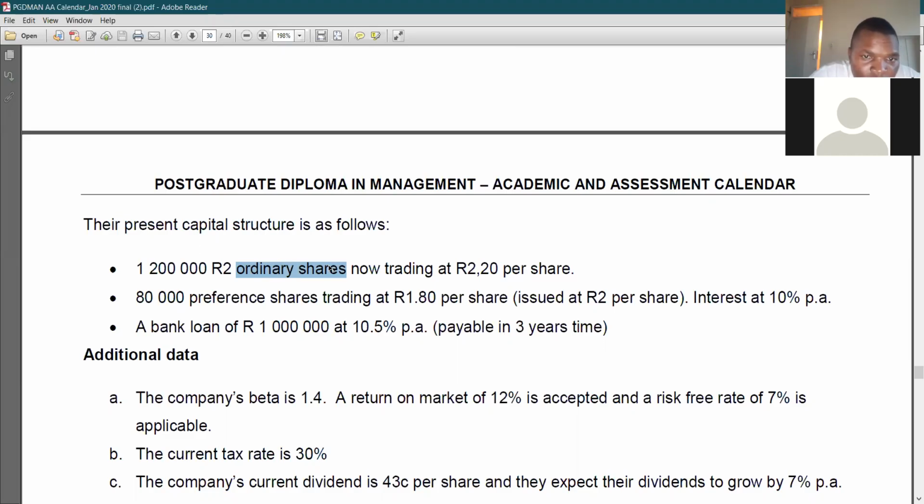The dividend growth model, also known as the Gordon model, and CAPM apply only to ordinary shares, not preference shares, not bank loan, not debentures. That's the first hint to keep in mind.